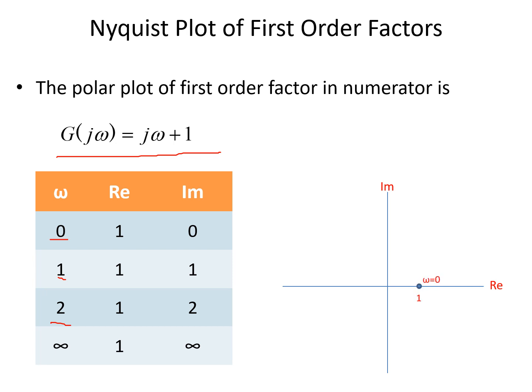The polar plot for this first order factor of the form jω + 1 is shown here: ω equal to 0, ω equal to 1, and the value goes up to infinity. So we get a straight line like this for a first order factor.